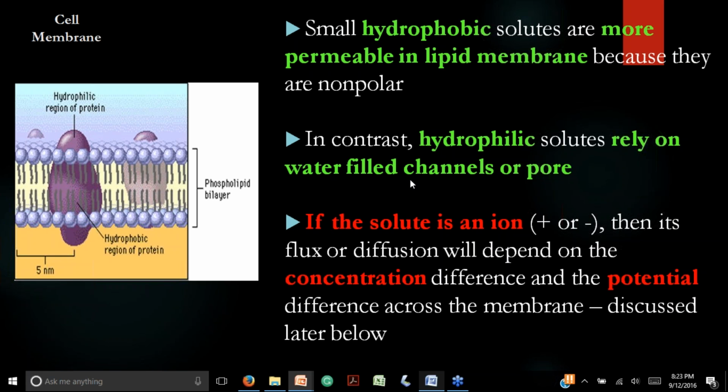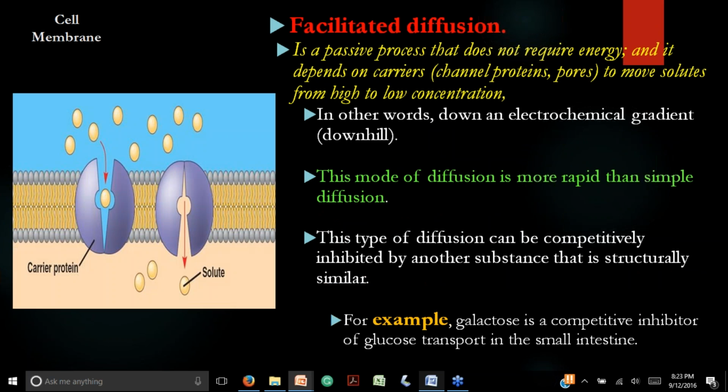All right, if a solute is an ion, then the flux of diffusion depends on what we call the concentration gradient. Here we enter into facilitated diffusion, and once again, the best example of facilitated diffusion is glucose.